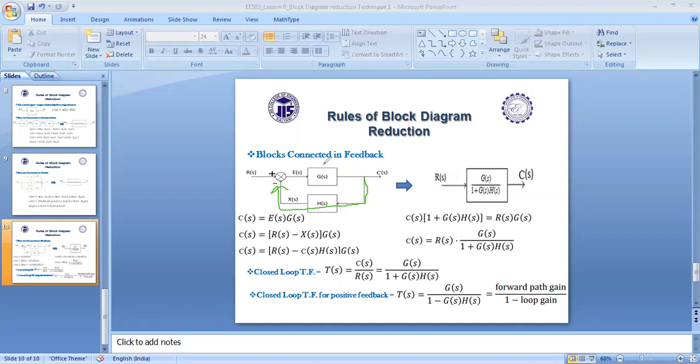So for this connection, what should be the overall transfer function? The overall transfer function will be Gs by 1 plus GsHs, where Gs is this transfer function and Hs is this transfer function.